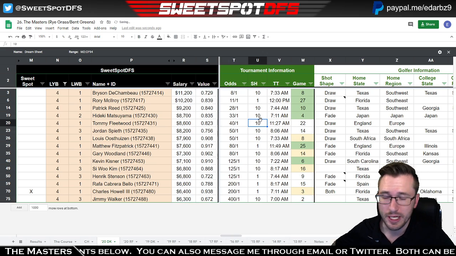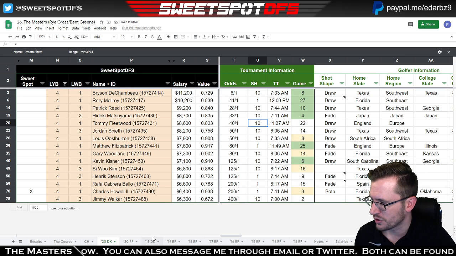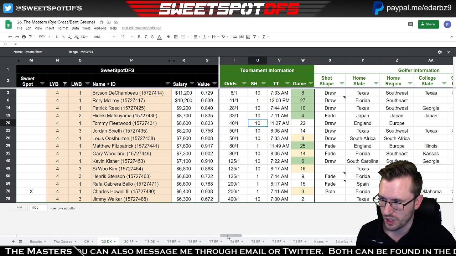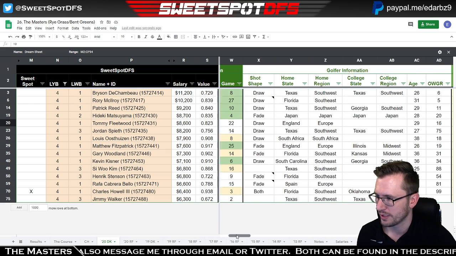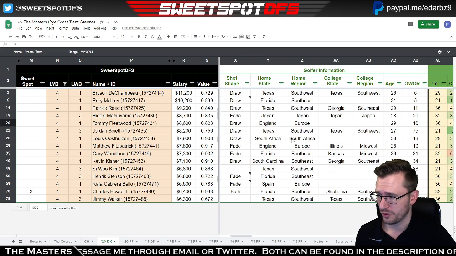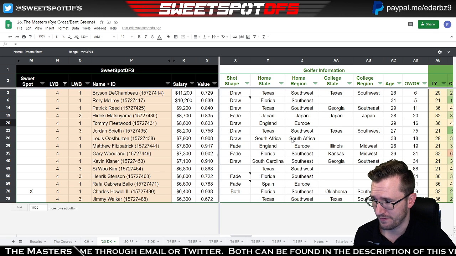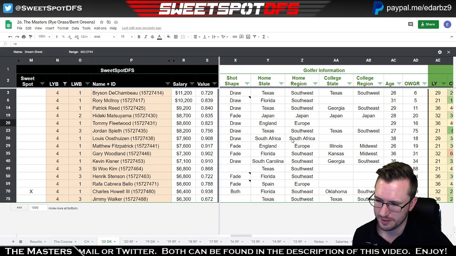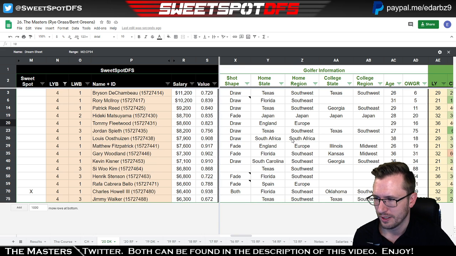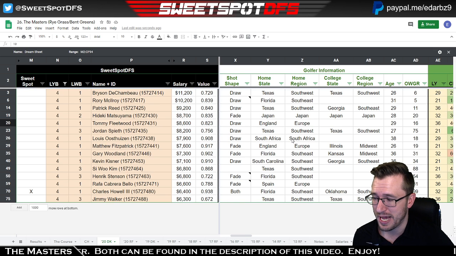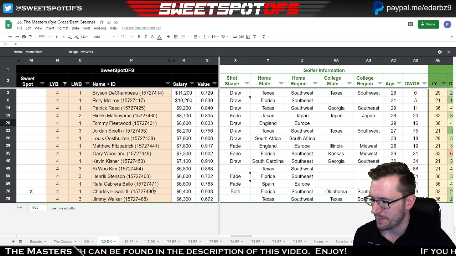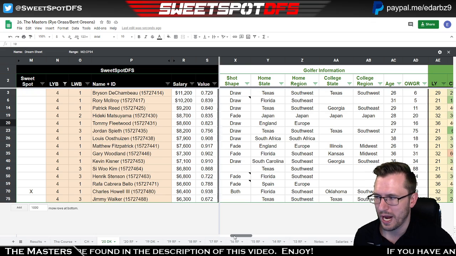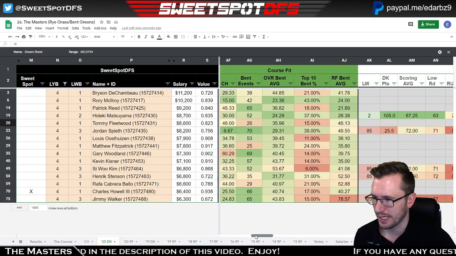I wanted to freeze the column so we can keep that information solid right there and go through this. Shot shape, draw is most beneficial here, but I'm not going to really get too stuck with that. I think it's not bad for tiebreakers, but I'm not going to right away filter out by that.